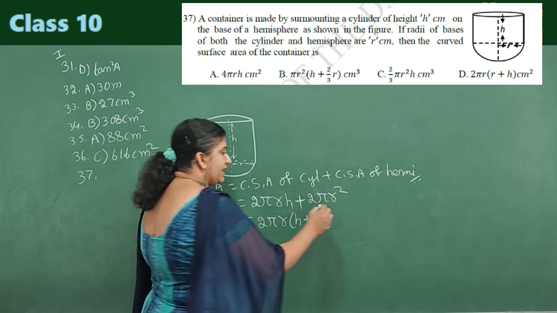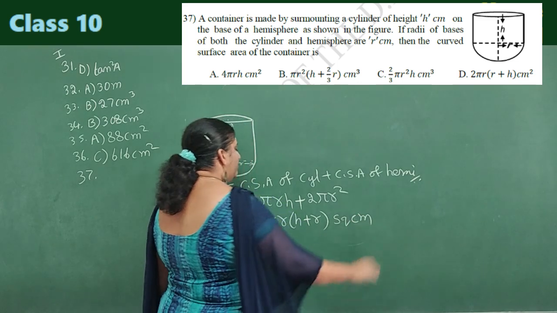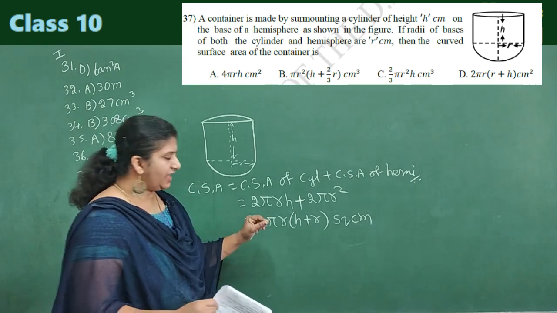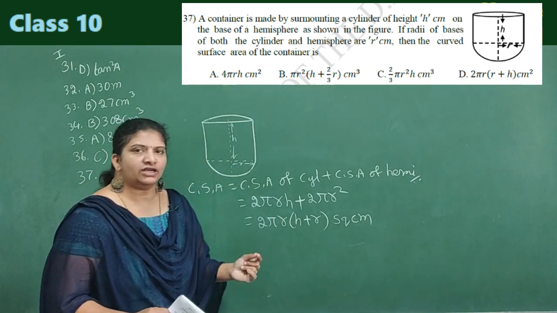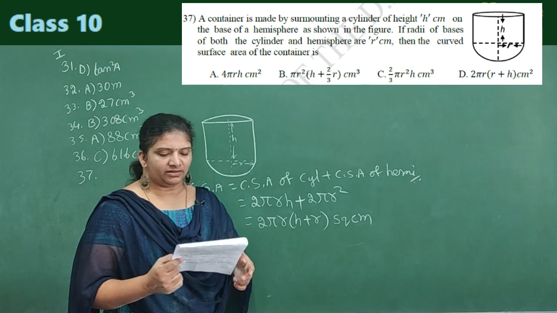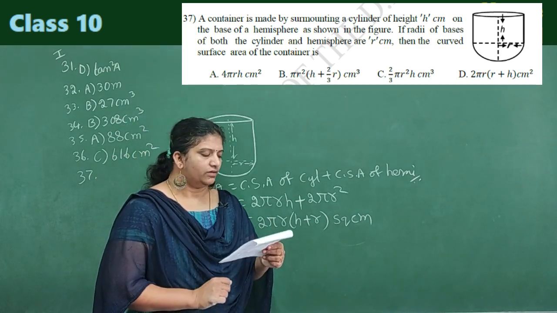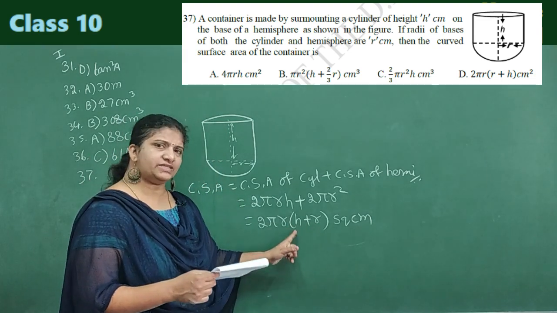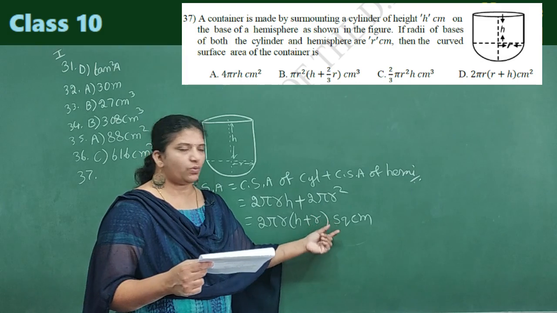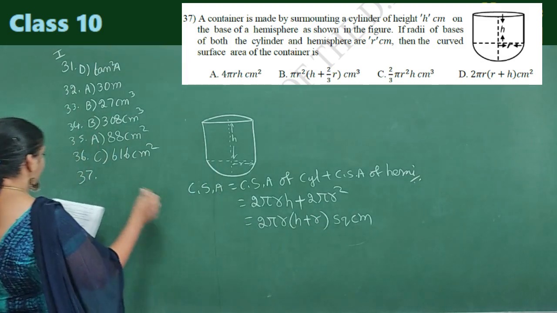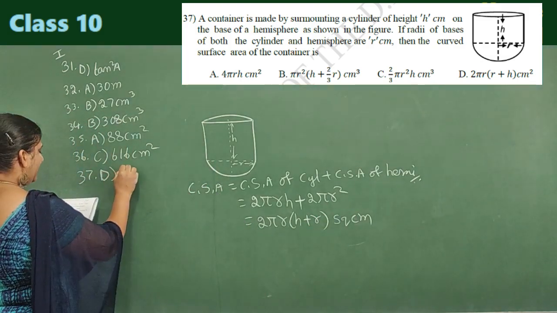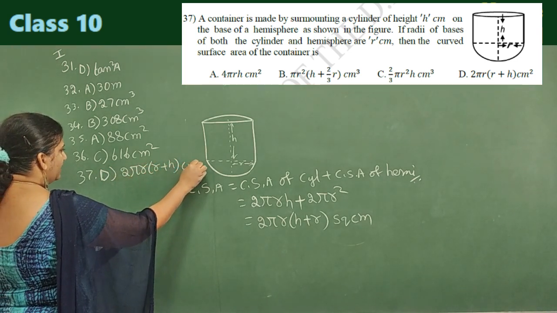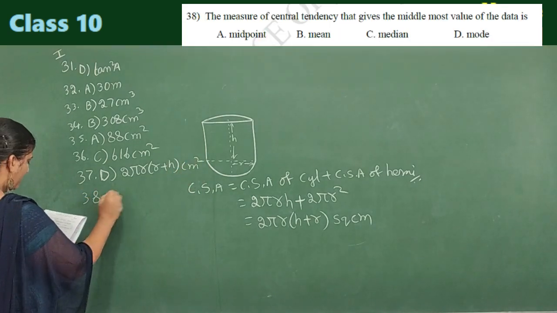This is surface area square centimeters. They have given height h centimeters. Therefore, write the formula 2 pi r into r plus h square centimeters. Check for the answer. It is option D, 2 pi r into r plus h or h plus r, both are same. Option D, 2 pi r into r plus h centimeter square is your answer.